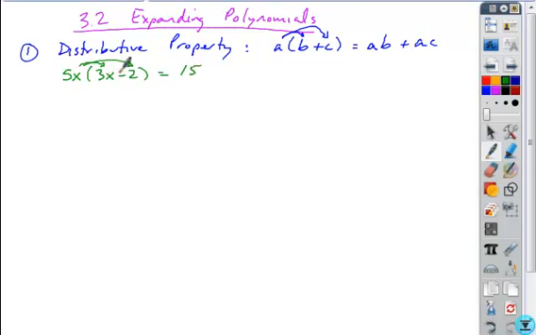Then you multiply the x's. X times x, you're multiplying two exponents with the same base, so you add their powers, 1 and 1, gives you a total of x squared. And then you distribute your 5x, that monomial factor, times the other binomial term, negative 2. So 5x times a negative 2, negative 10x. Okay, and so that would be the distributive property in action.